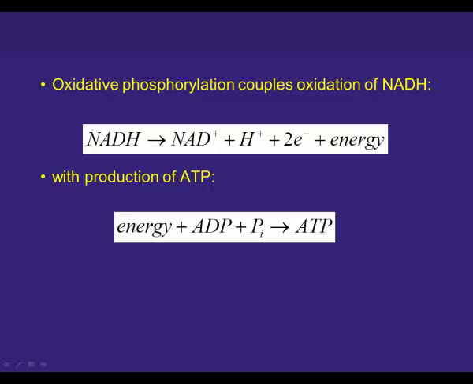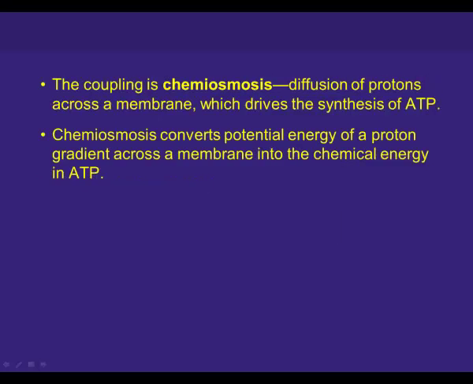So if these were directly coupled, there'd be a tremendous waste of energy. Instead, a system has evolved that couples the energy release of NADH oxidation to ATP synthesis, and it does so in a very efficient manner. This manner is called chemiosmosis.